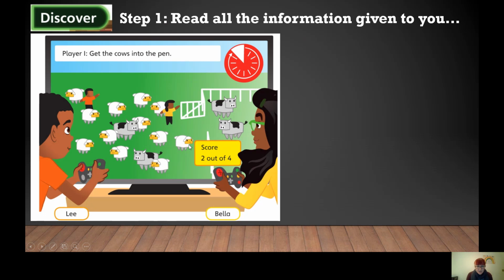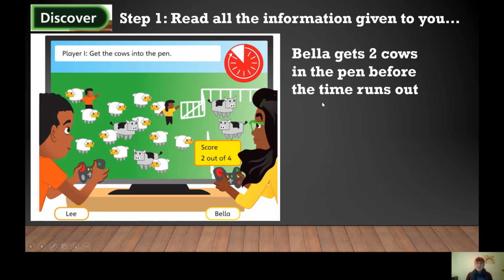So, this is interesting. Apparently, according to Bella, the score is 2 out of 4. So it looks to me that there are 2 grey cows out of a possible 1, 2, 3, 4. So I guess we can anticipate this fraction question has got to be something to do with the number of cows in that pen. And this pizza-like thing, well, that may be a clock. Anyway, so let's have a look.